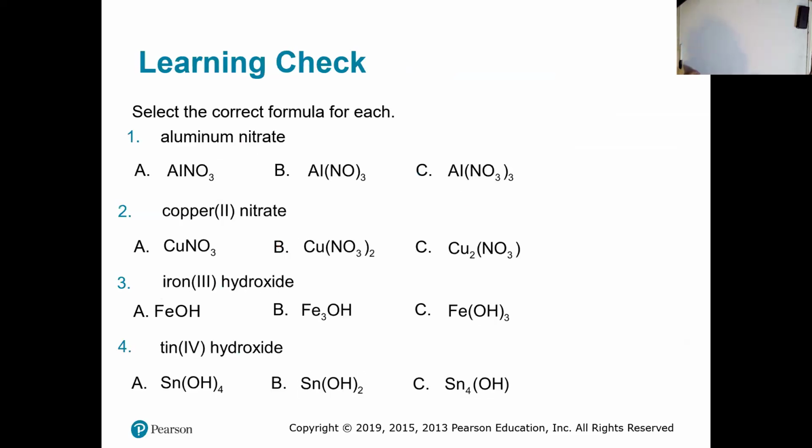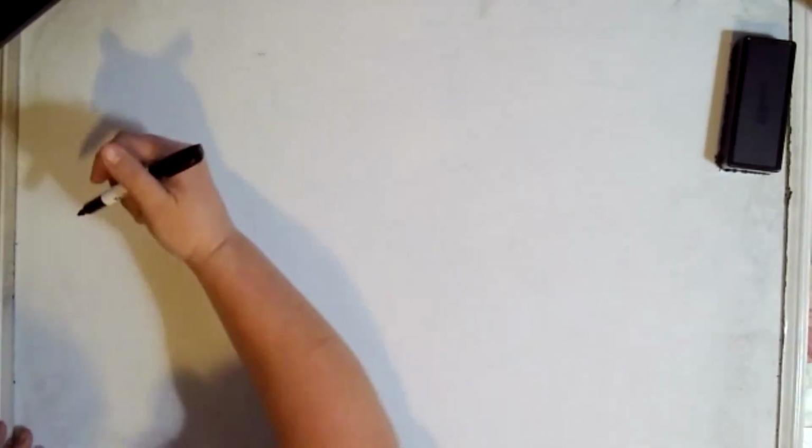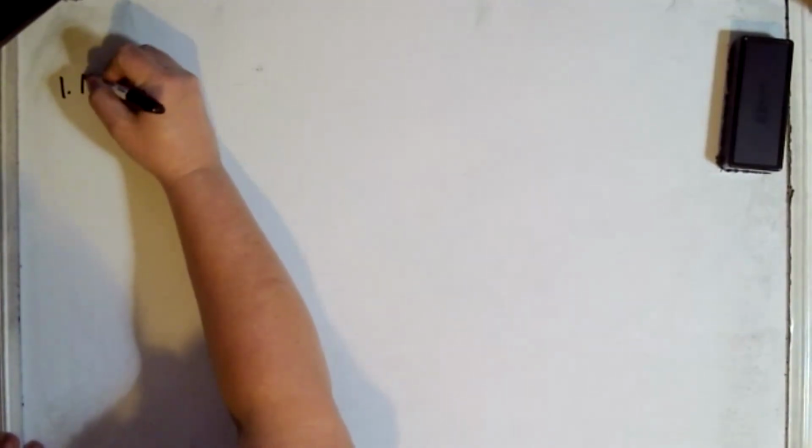But let's take a look at some of these examples. So they want us to write the correct formula from each name for starters.